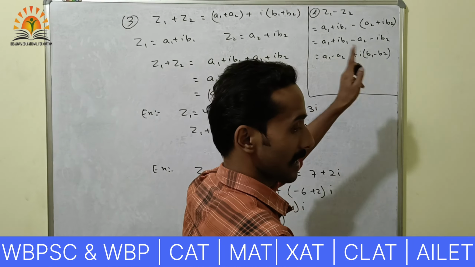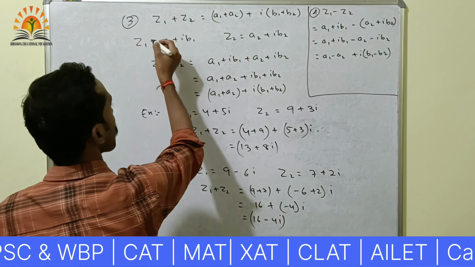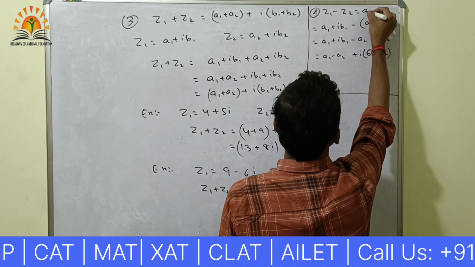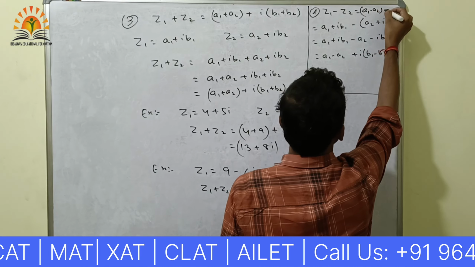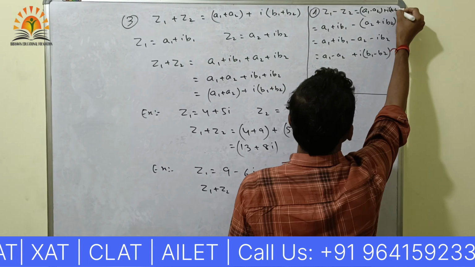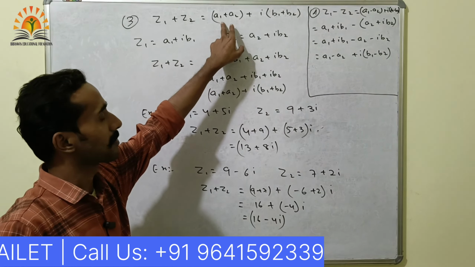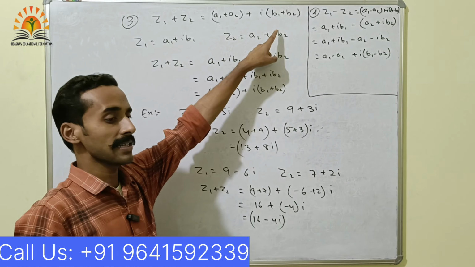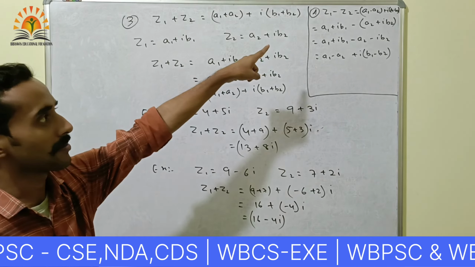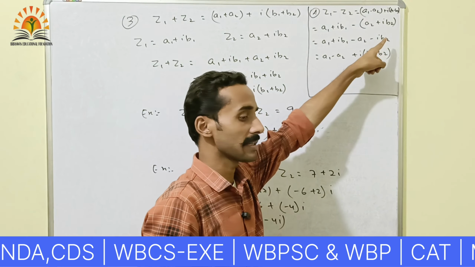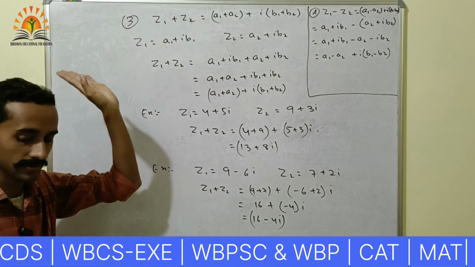Iota is common. So subtraction becomes a1 minus a2 plus iota times b1 minus b2. Understood? In addition you add real with real, imaginary with imaginary. In subtraction you subtract real from real, imaginary from imaginary. Understood?